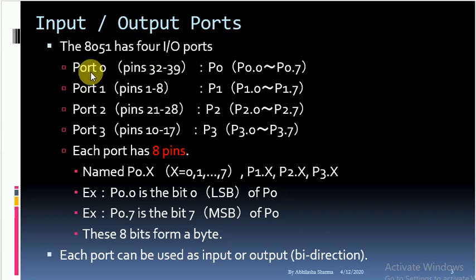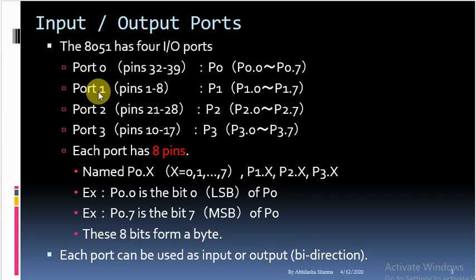Port 0 is defined from pin number 32 to 39, and for programming purposes it is accessed as P0.0 to P0.7. It means P0.0 shows the first pin of port 0, and P0.7 shows the eighth pin of port 0.